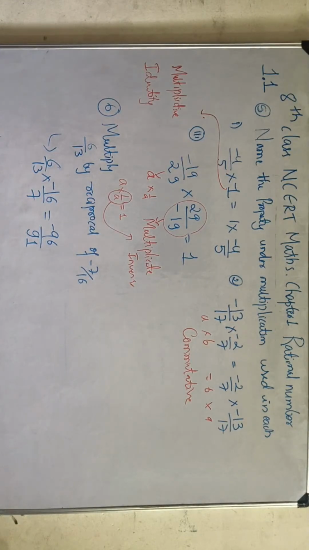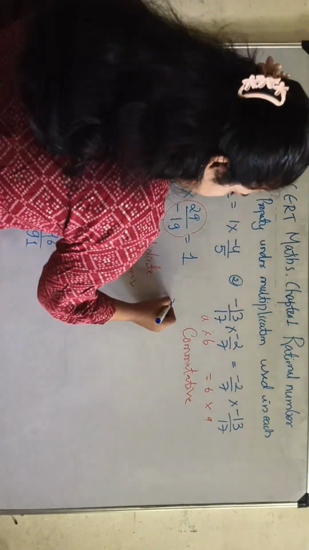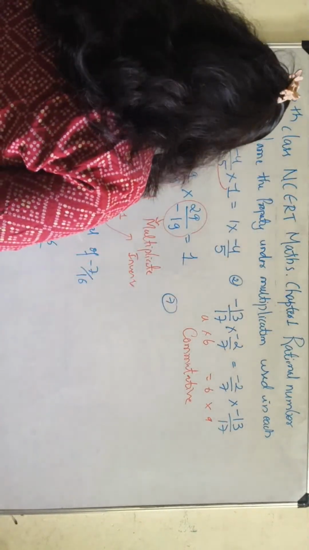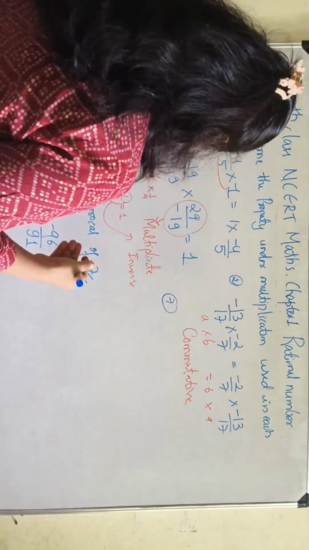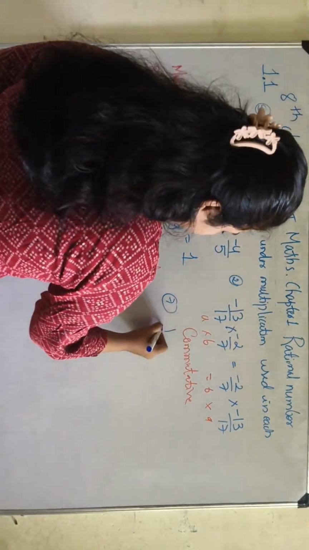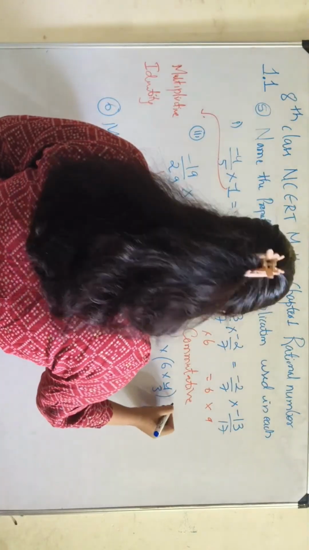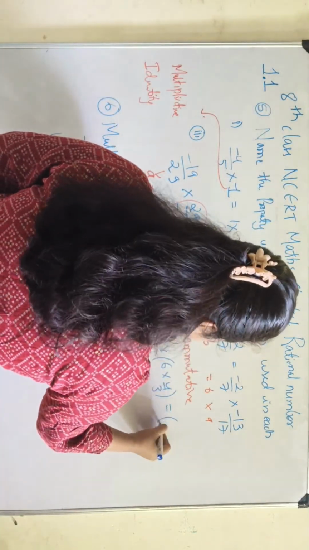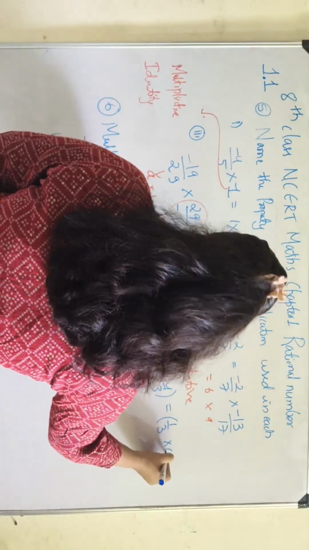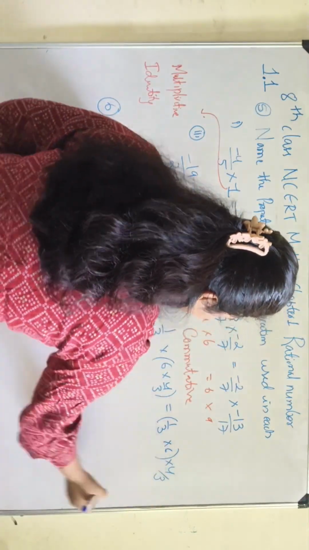And question number 7, they ask which property allows us to compute this problem. Again here we have to tell which property is applied. This is very, very easy.